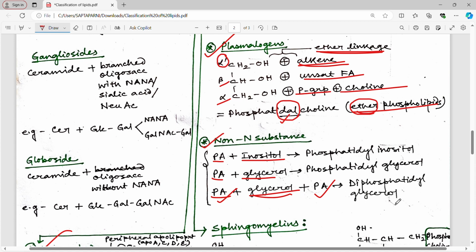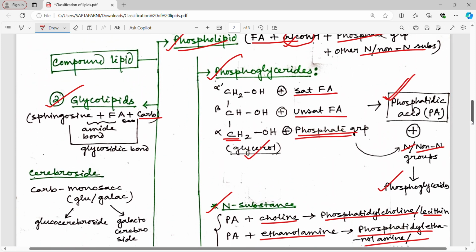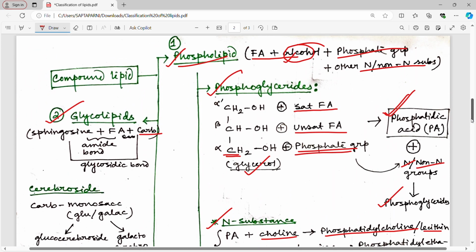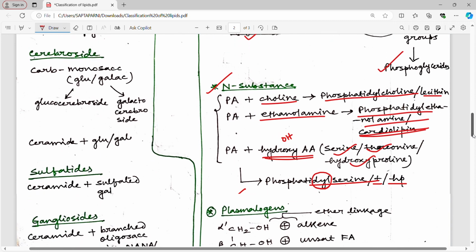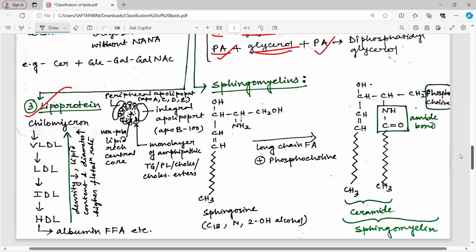So these are the different types of phosphoglycerides under phospholipid. Now in case of phosphoglyceride, the alcohol is glycerol, but when the alcohol is sphingosine, that type of phospholipid is known as sphingomyelin. What is that called? Sphingomyelins.